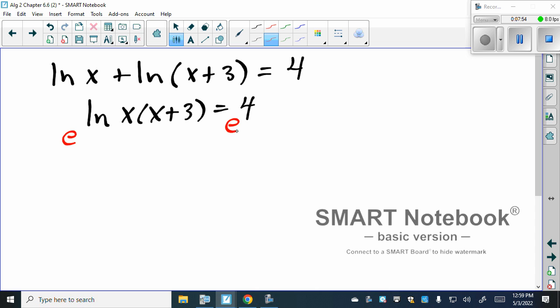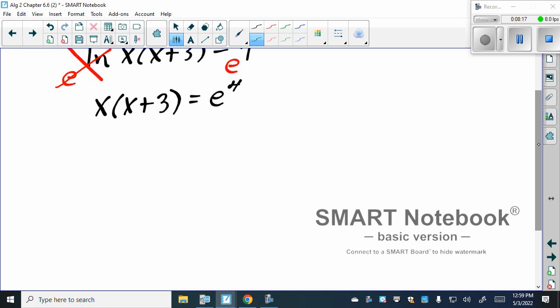Because e to the ln cancels out, leaving us with just x times x plus 3 is equal to e to the 4th. We're going to leave it as e to the 4th, because unfortunately e to the 4th is an irrational number. It does not have a nice number with it, so we will leave it as e to the 4th.